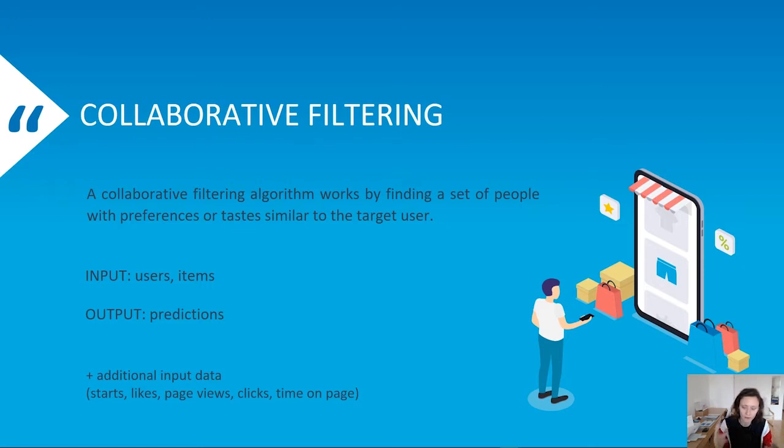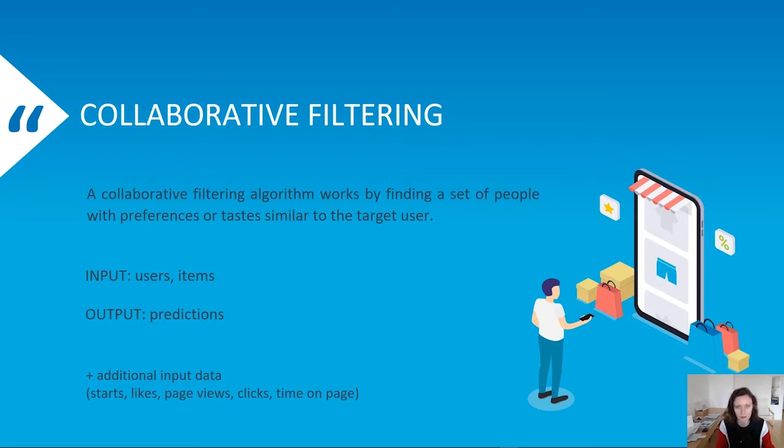So imagine a black box. As input, we have a list of users and a list of items, plus some feedback data that can be in the form of ratings, for example, so an explicit feedback, or can be an implicit feedback, for example, in form of page views or time you spend on a page, for example, on Amazon.